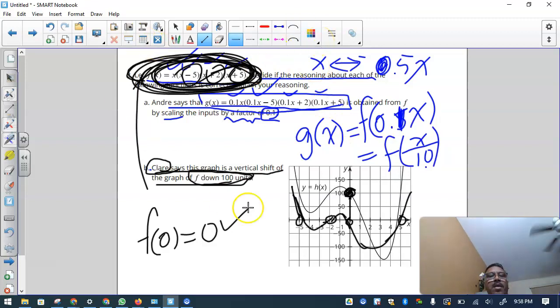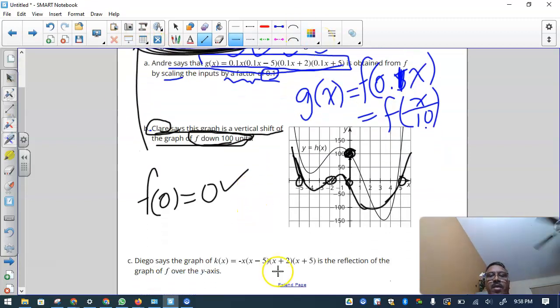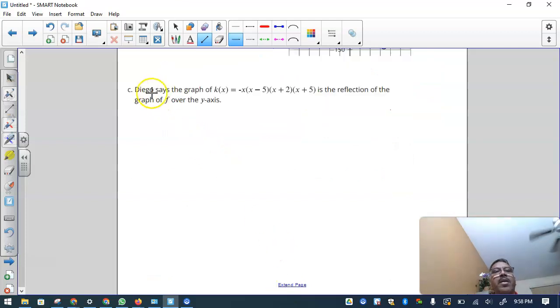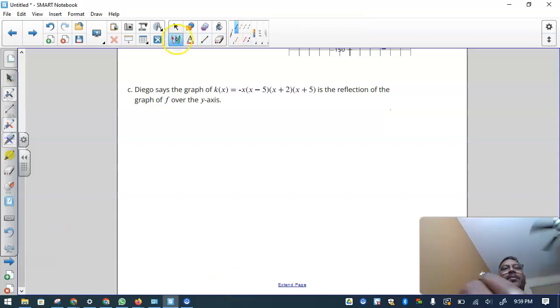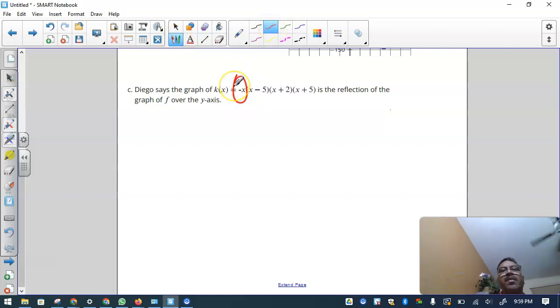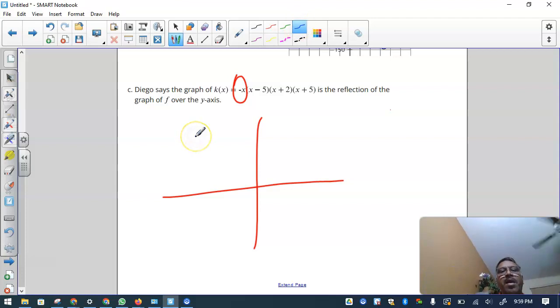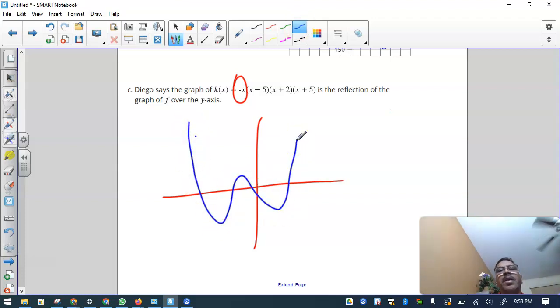Hope that helps. And finally, there's one more question here. Diego says this is the reflection over the y-axis. Remember, whenever there is a minus there, it means the graph, which maybe was this, would be reflected over this, so it could have been this one, something like this.